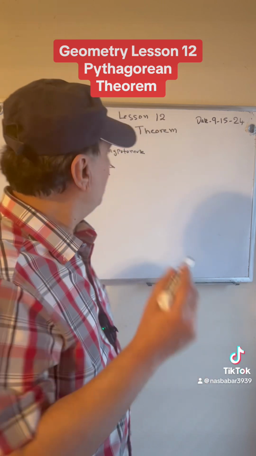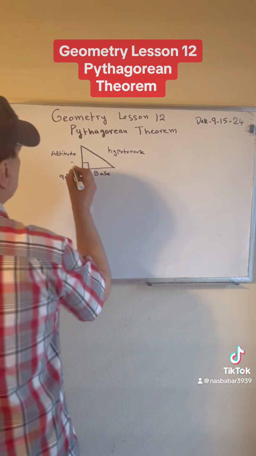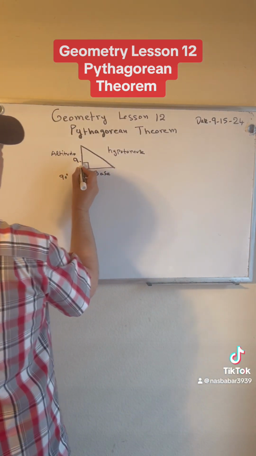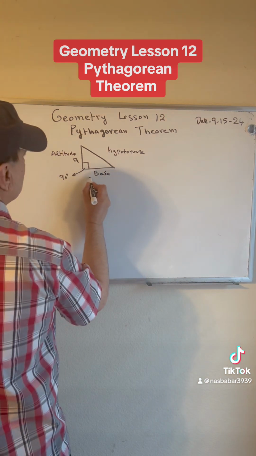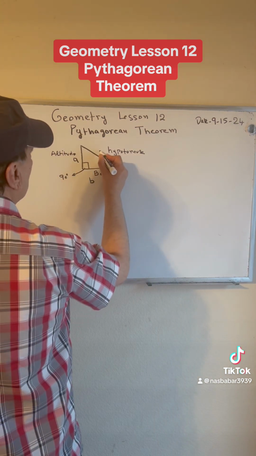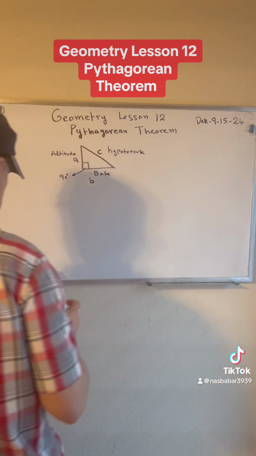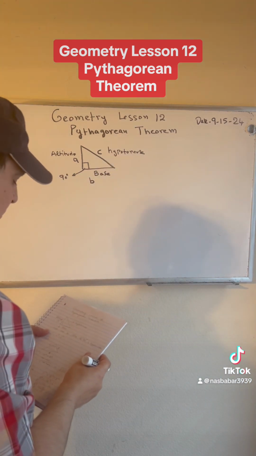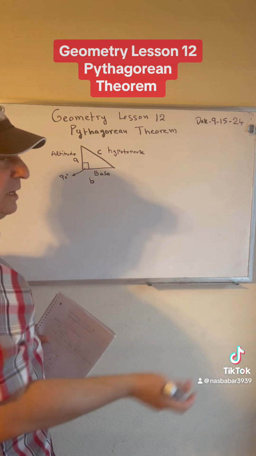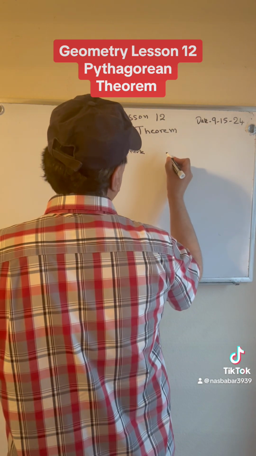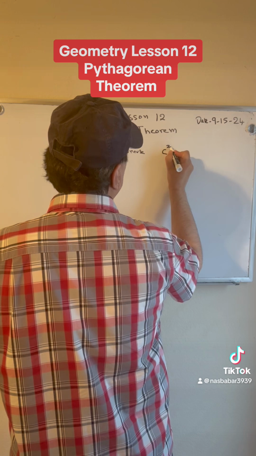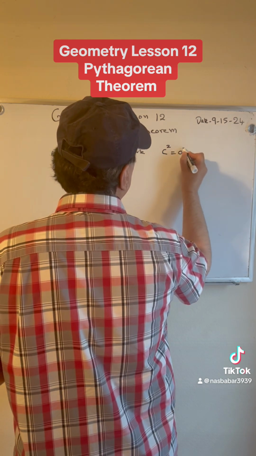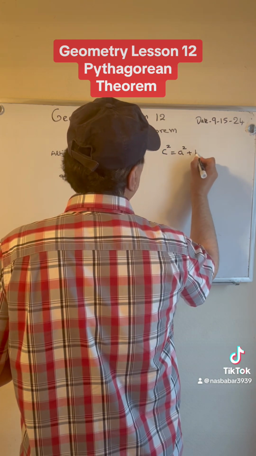Okay, so let's put some labels over here. Let's call the altitude A, let's call this B, and let's call the hypotenuse C. So mathematicians basically derived the formula to find the hypotenuse: C square is equal to A square plus B square.